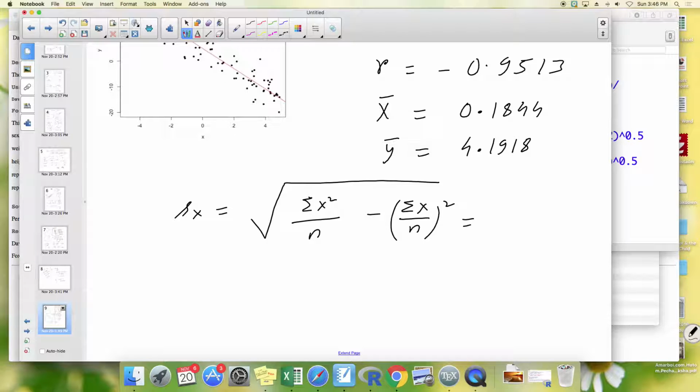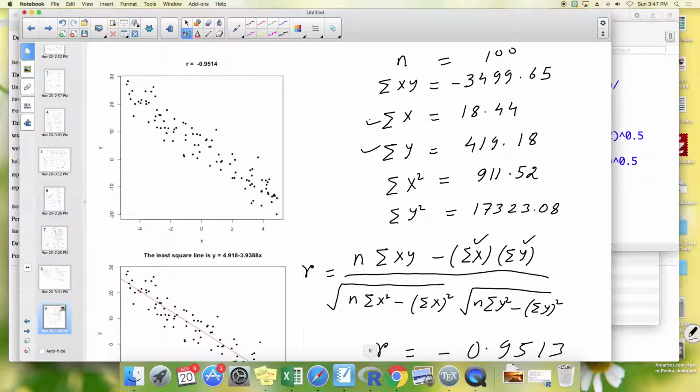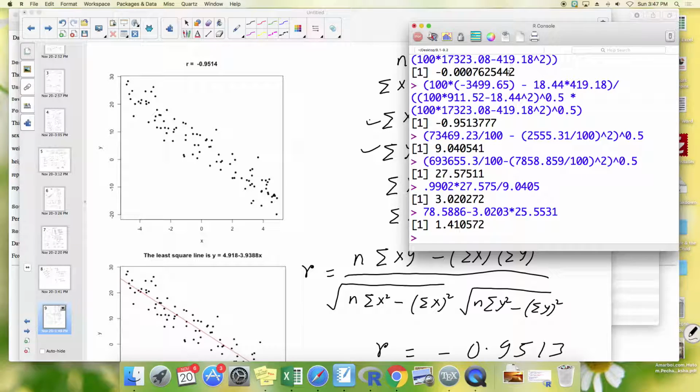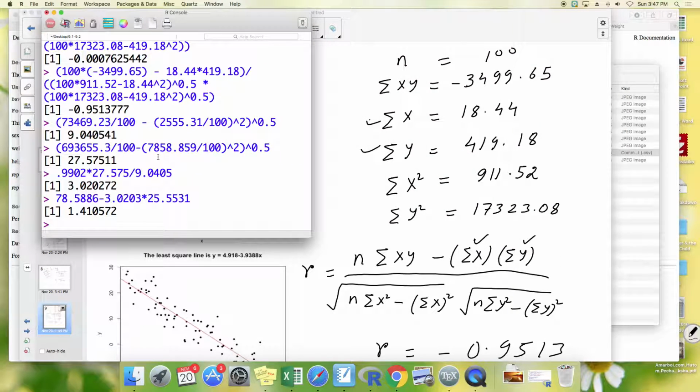So summation xi square by n means 911.52 divided by 100 minus summation x by n whole square.